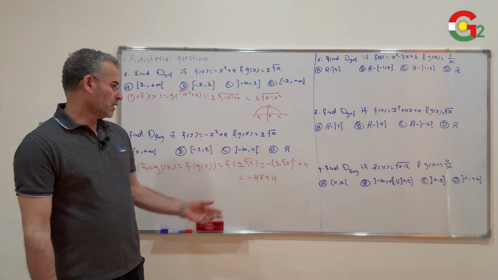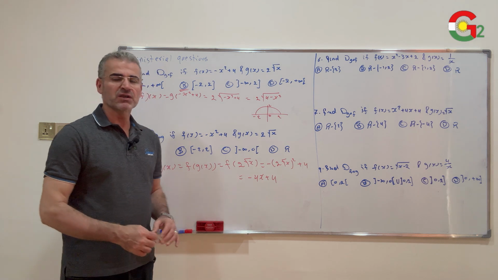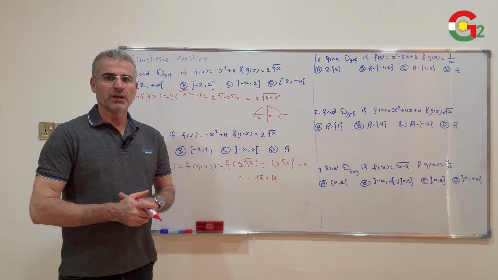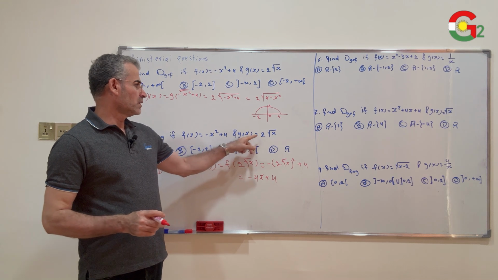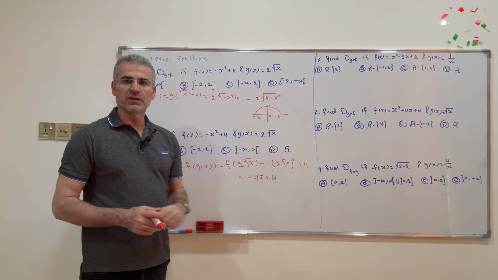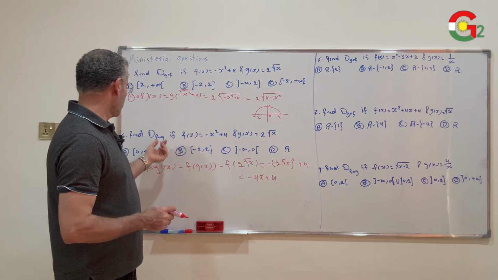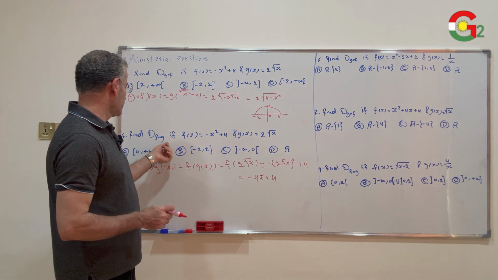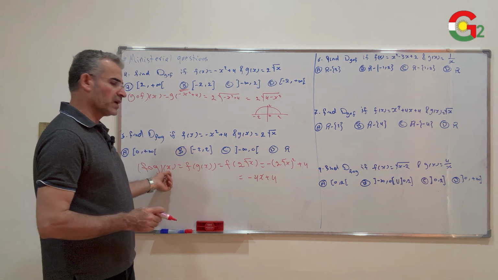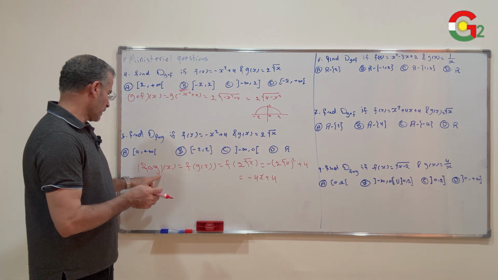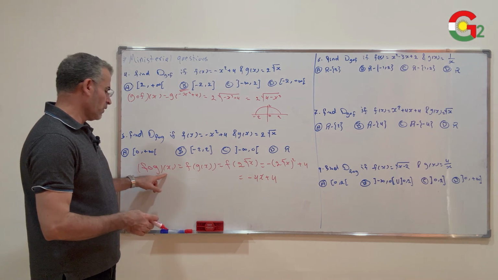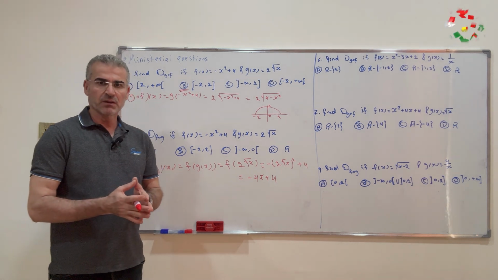Now, as you see, the domain of this function is all real numbers, but since the domain of g is 0 to infinity, the domain of f(g(x)) should be either the same as the domain of g(x) or a subset of it.